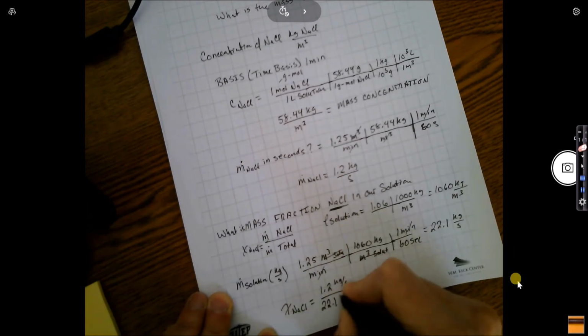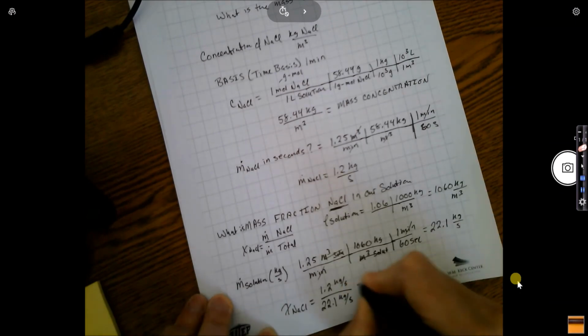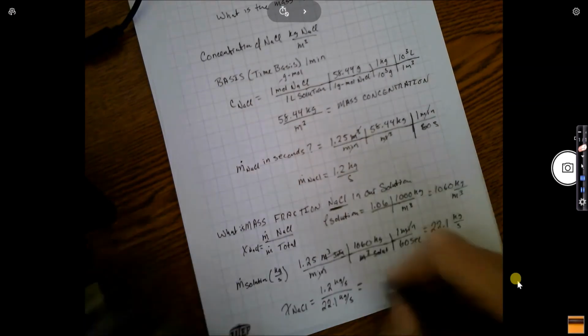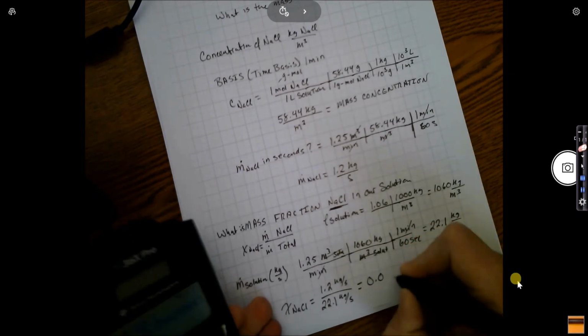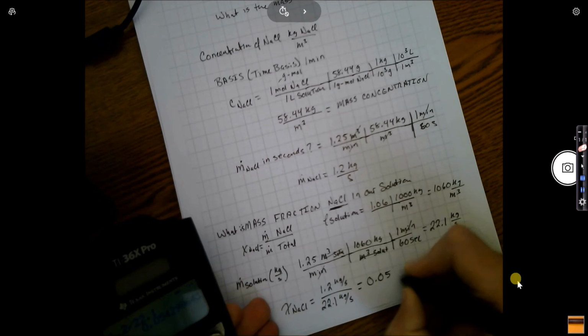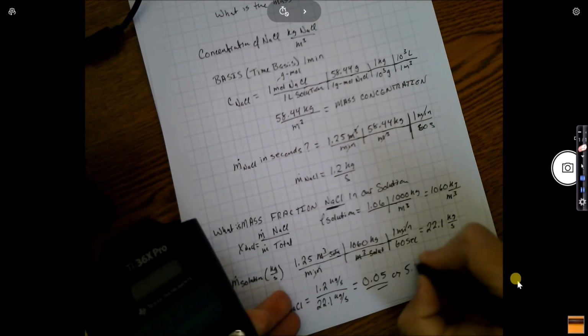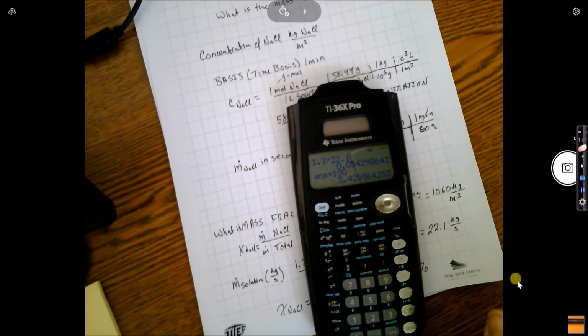Divided by 22.1 kilograms per second, and that equals... come on, TI, bear with me. 1.2 divided by 22.1 equals 0.05, or if we multiply that times 100, we'll just go ahead and put 5.4%. I had some extra digits on my calculator if you care to inspect.